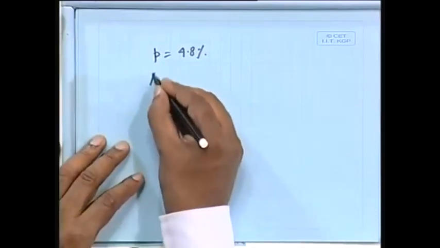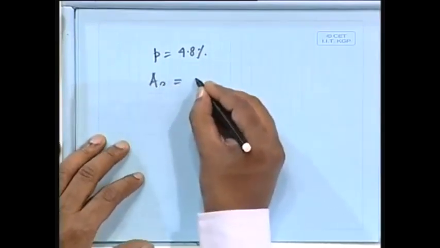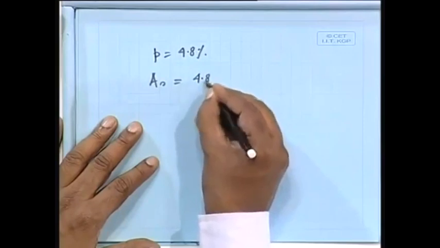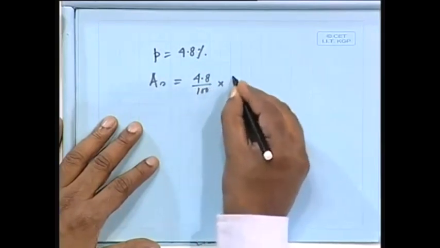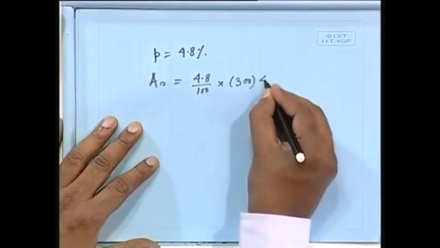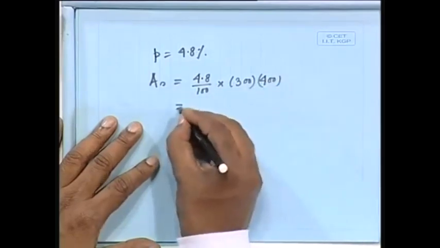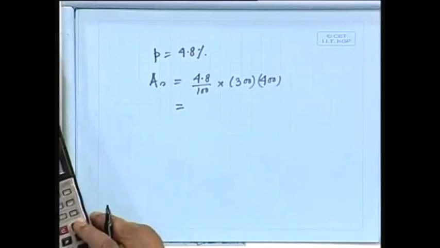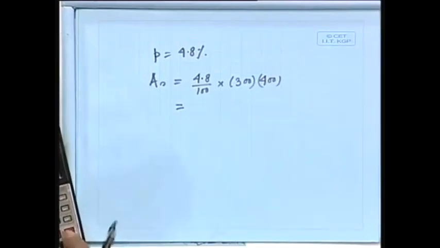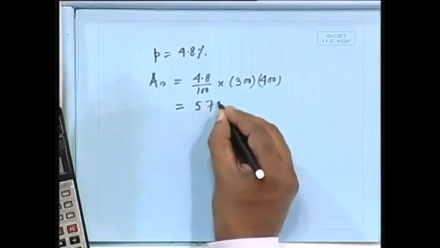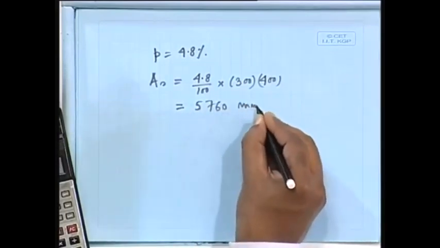So area of steel equal to 4.8 by 100 times the section 300 by 400, sorry, 300 times 400, which comes as 5760 square millimeter.